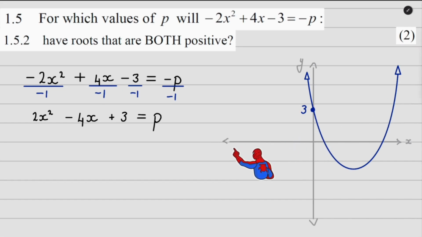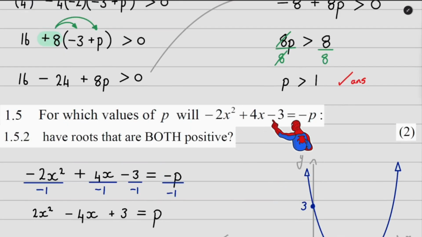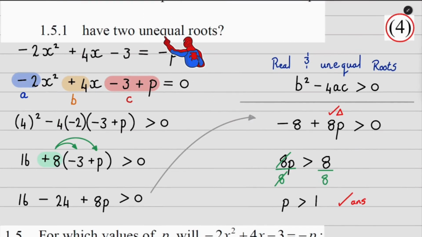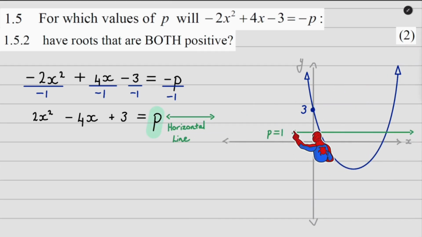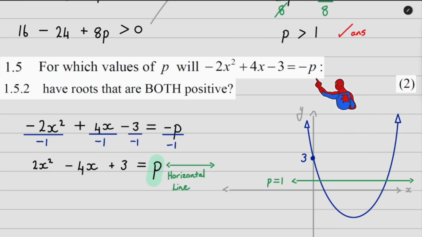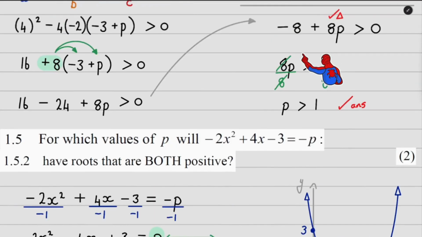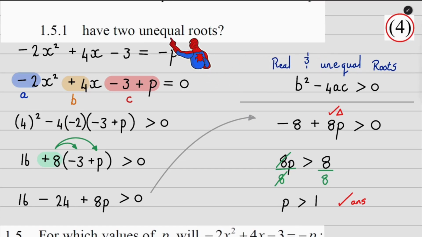And then from the previous question, we discovered if p is bigger than 1, we are going to get unequal roots. So how you should picture this is p is a horizontal line. And if I place that horizontal line anywhere above 1, I'm going to get unequal roots.